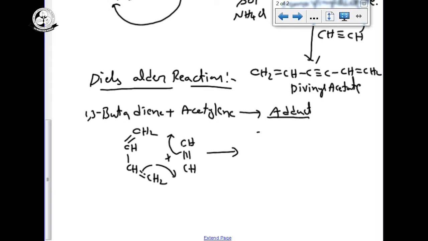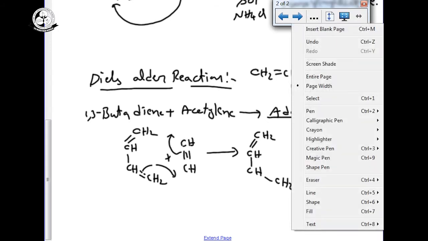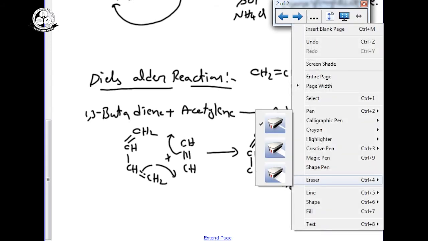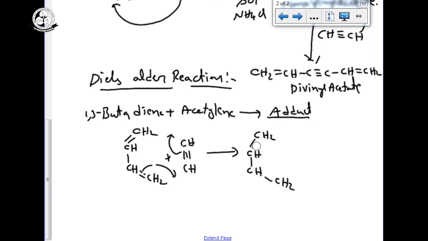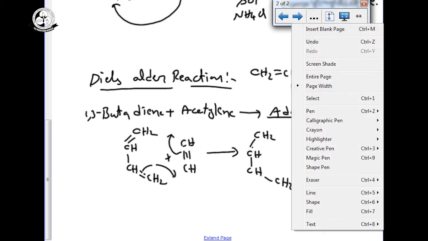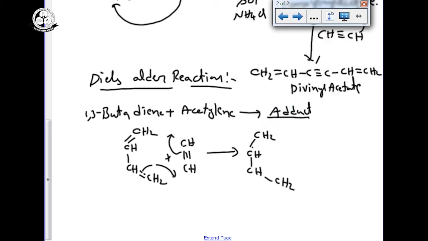Now I am taking unsymmetrical, one is alkene and another one is alkyne. CH single bond CH single bond CH2. So the multiple bond is also shifting. First we can write the compound, then we can adjust the bonds.